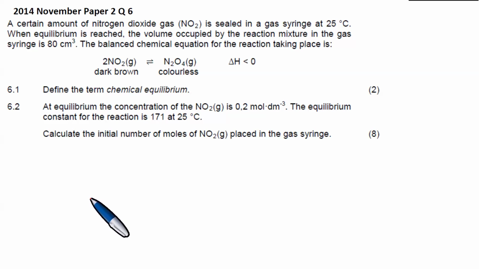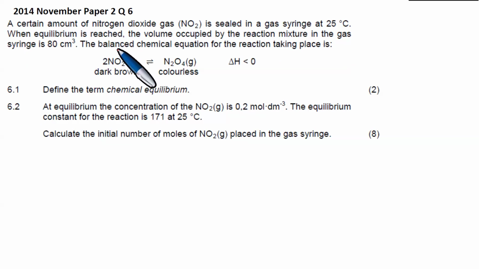This question first appeared in November 2014. And what is the question? We read through the question together. A certain amount of nitrogen dioxide gas, NO2, is sealed in a gas syringe at 25 degrees Celsius when equilibrium is reached.